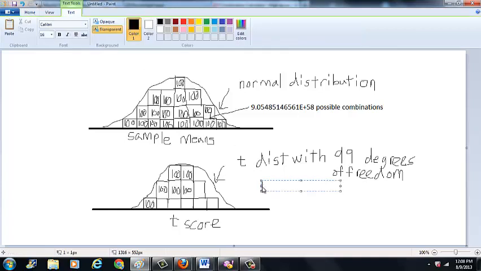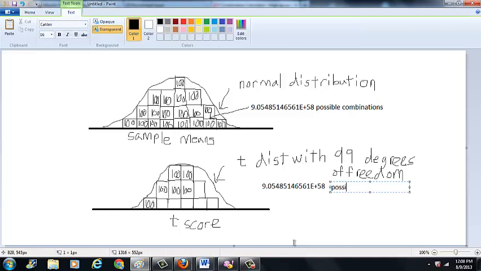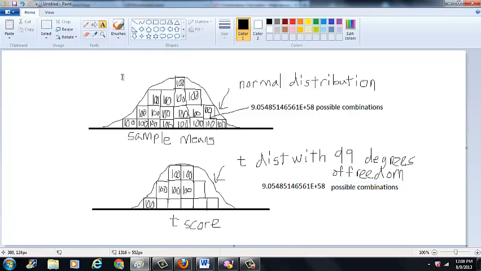So it's the same number of combinations. We'll put the same number here, possible combinations, and draw another arrow inside of here to show that those are the combinations.